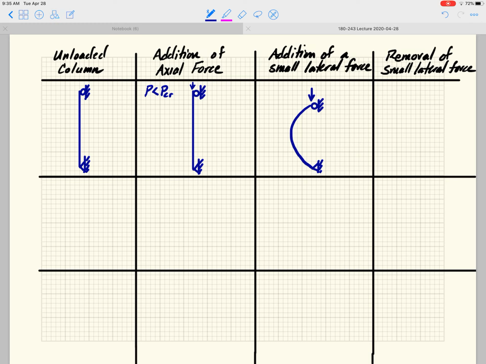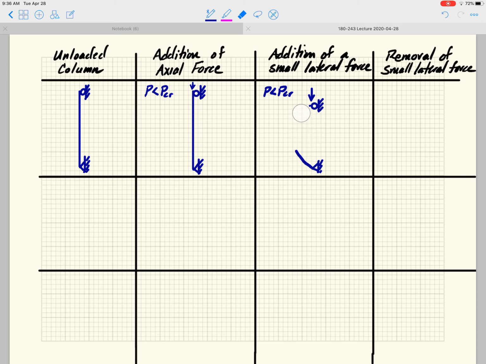This is that same P, again less than P critical. And the reason that column has bent, and I'm exaggerating it a little bit here, is that I have applied a small force F here, right? So I'm loading this column.